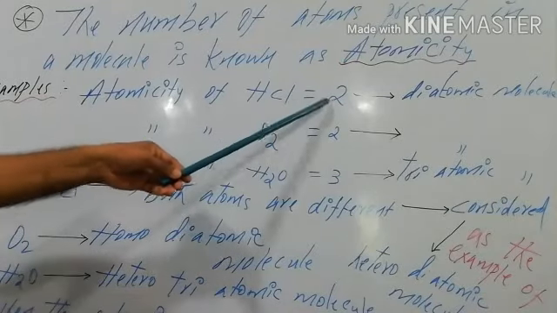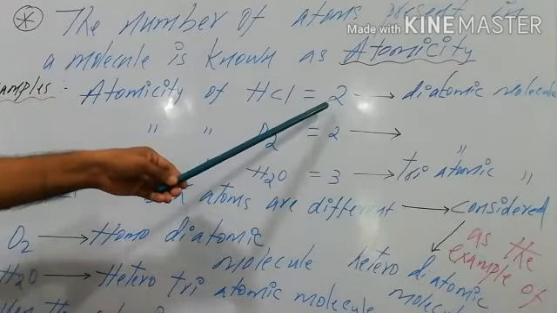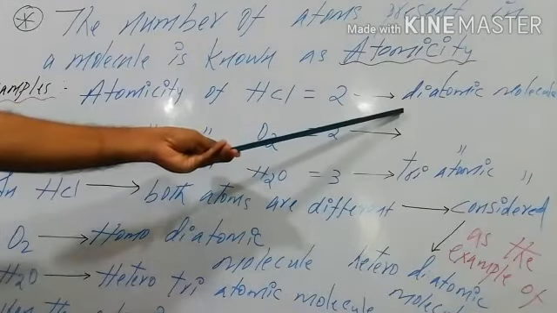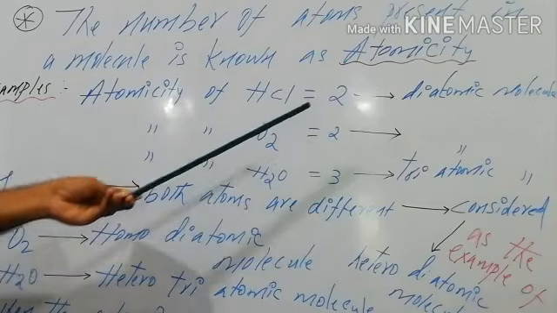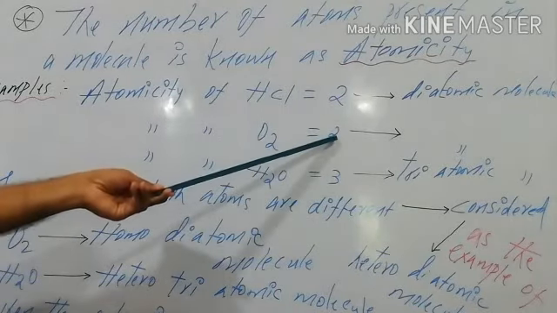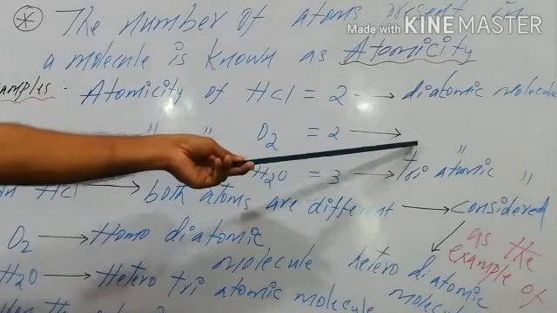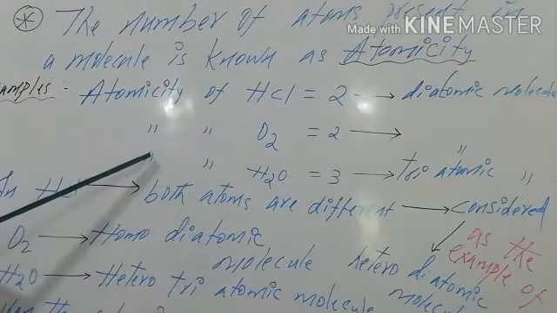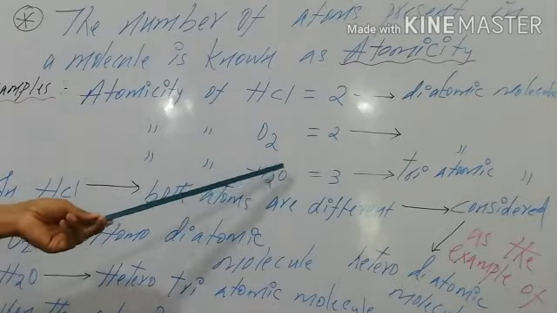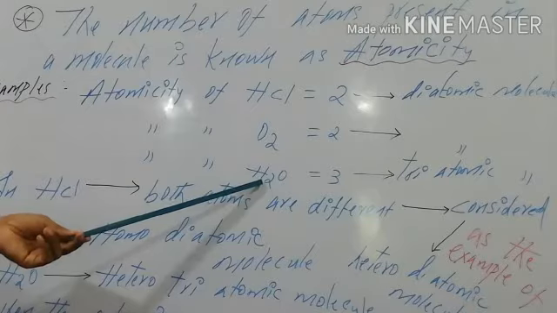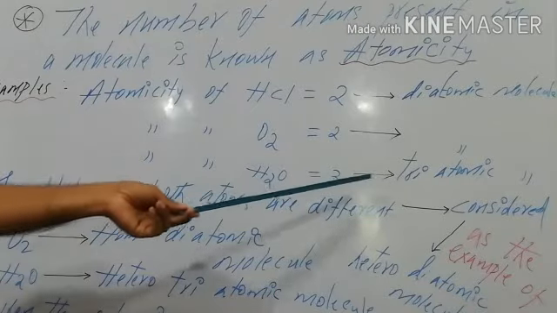Totally it is 2, and it is a diatomic molecule. Atomicity of oxygen, it contains 2 oxygens. It is also an example of a diatomic molecule. Atomicity of water, it contains 1 oxygen and 2 hydrogens. It is called a triatomic molecule.